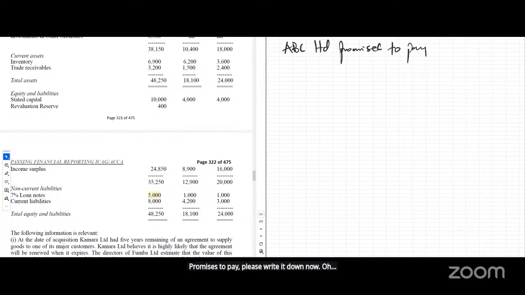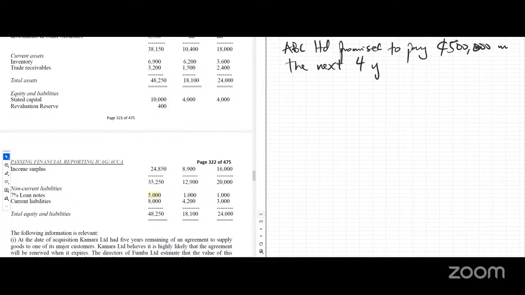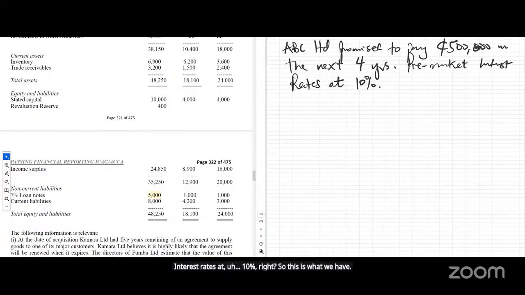Promises to pay 500,000 in the next 4 years, right? So pre-market interest rates at 10%, right? So this is what we have.